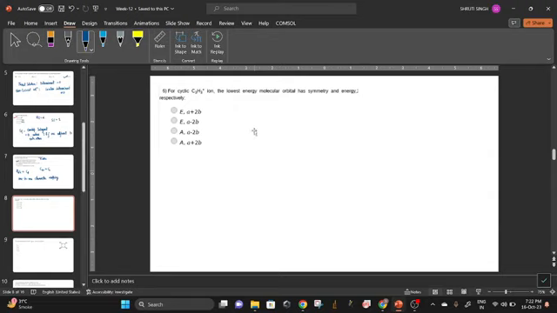Next question is for the cyclic C3H3 plus ion: the lowest energy molecular orbital has what symmetry and energy respectively.